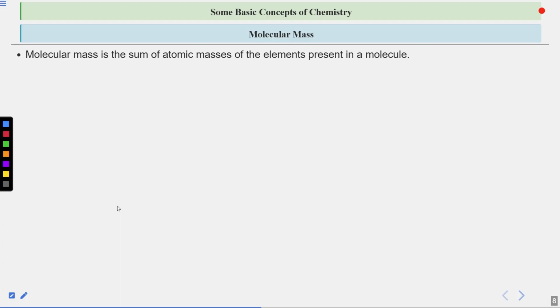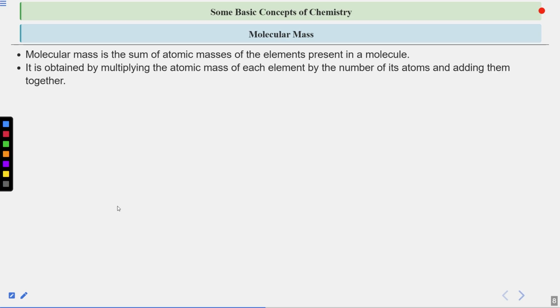Now, we will move to the next term, which is molecular mass. If I simply define the molecular mass, it is the sum of atomic masses of the elements present in a molecule. So, atomic mass is defined for an atom, and molecular mass is defined for a molecule, in which we take the individual contribution of each atom in terms of its atomic mass unit or unified mass, which is the latest way to define the AMU.